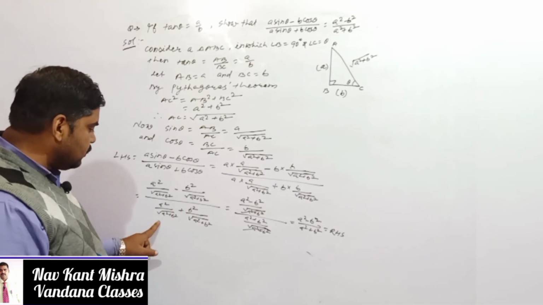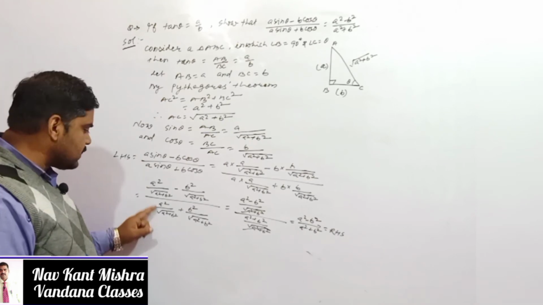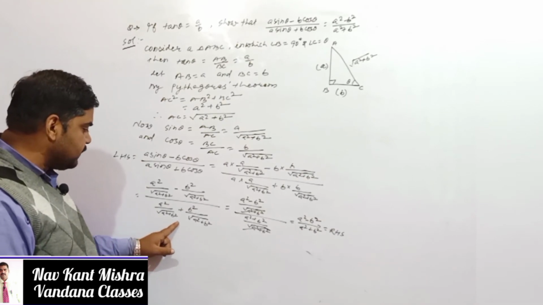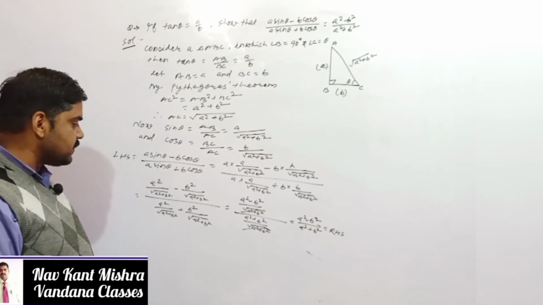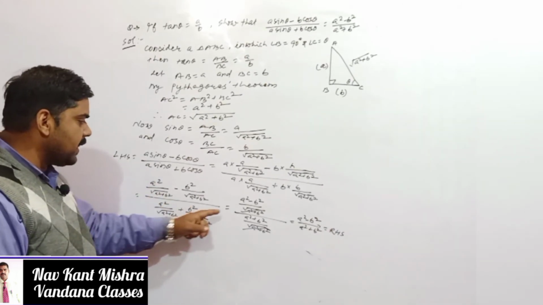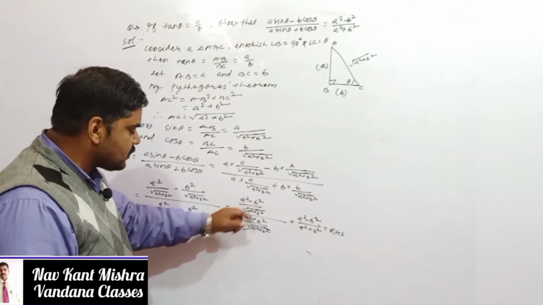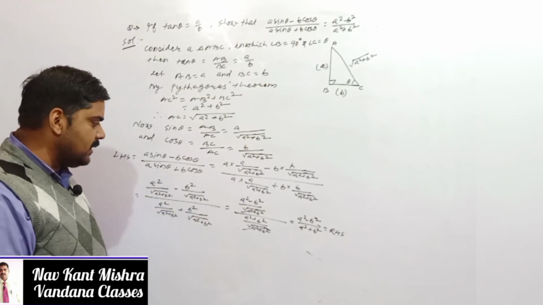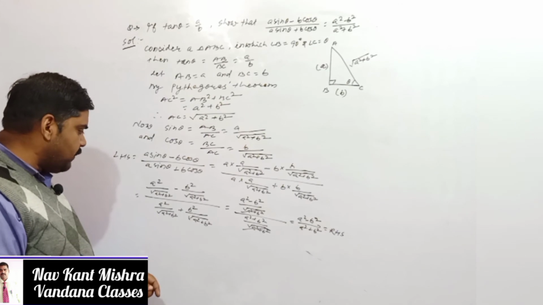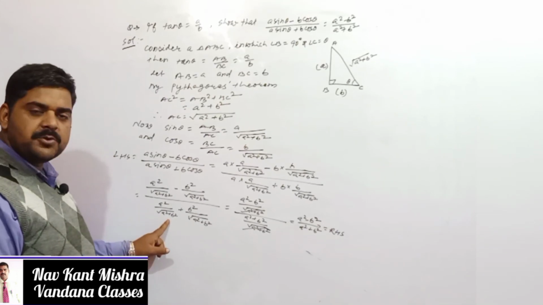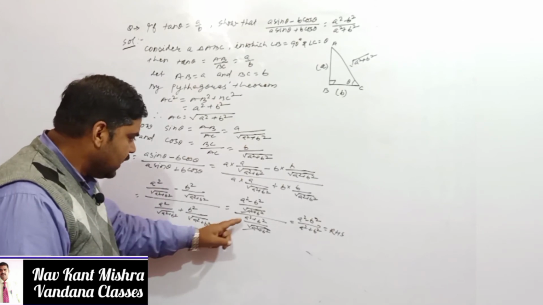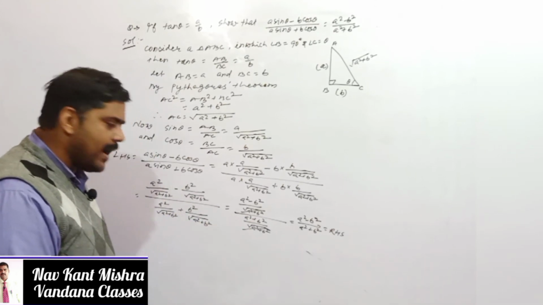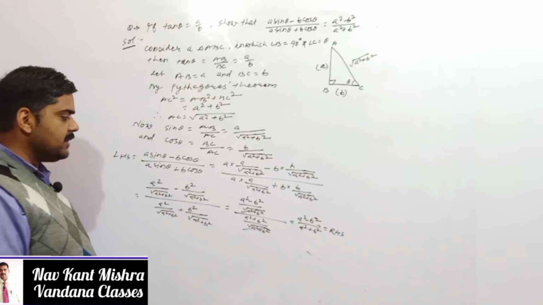Similarly you have to do in the denominator: a square upon square root under a square plus b square, and b square upon square root under a square plus b square. Now on simplification you can write a square minus b square upon square root under a square plus b square, upon, and on simplification the denominator converts to a square plus b square upon square root under a square plus b square.